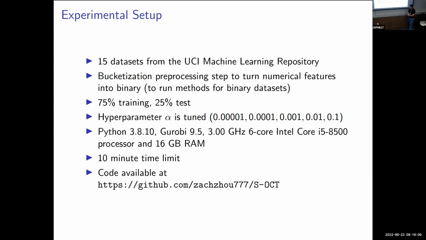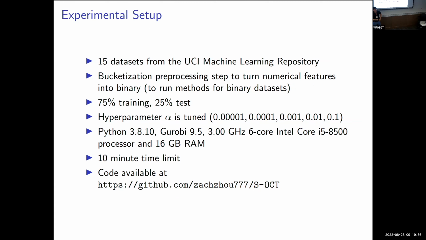So for the experiments that we do, we look at 15 different data sets, and we compare against some other methods from the literature. Some of these methods only work on data sets that have binary features. So for these models specifically, we have to do an additional bucketization step. Just to clarify, our model doesn't require this because we work with numerical features, but for other models, this is required.